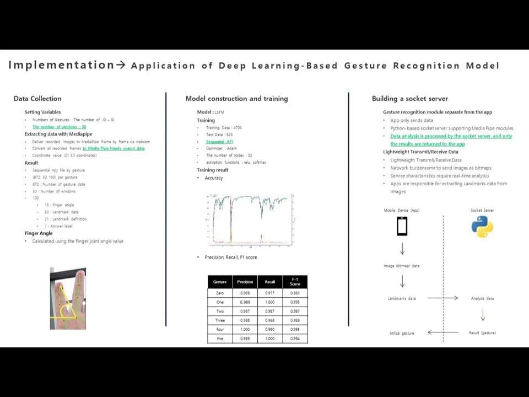Since gesture recognition requires high performance, we concluded to separate the recognition module from the application and construct a socket server for it. The socket server is implemented in Python. It receives the coordinate data from the application and predicts the current gesture. After predicting, it sends the result to the application.